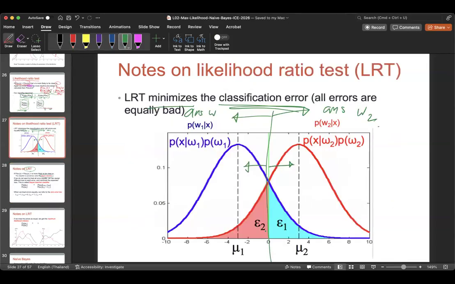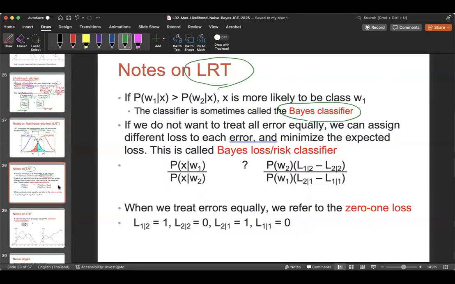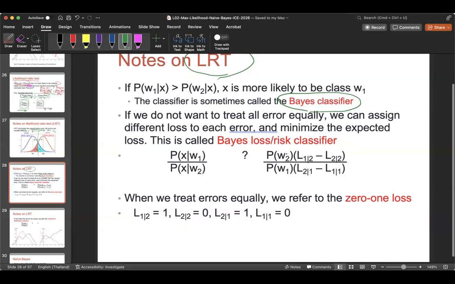type 2 error and type 1 error, are equally bad. But in settings where they are not, you can add an additional term here, L1 given 2, L2 given 1.